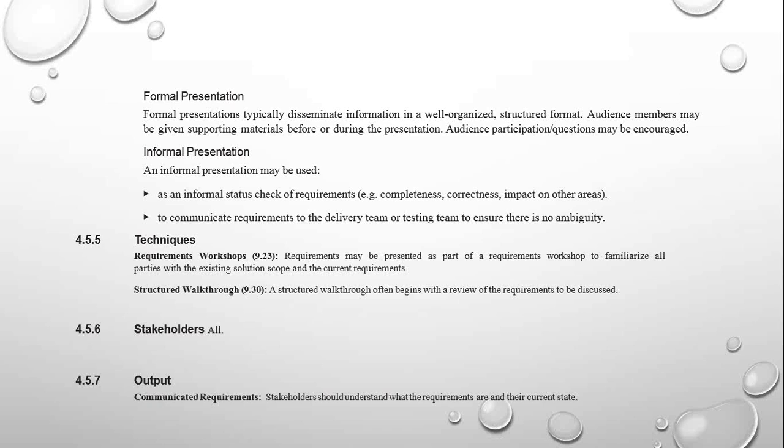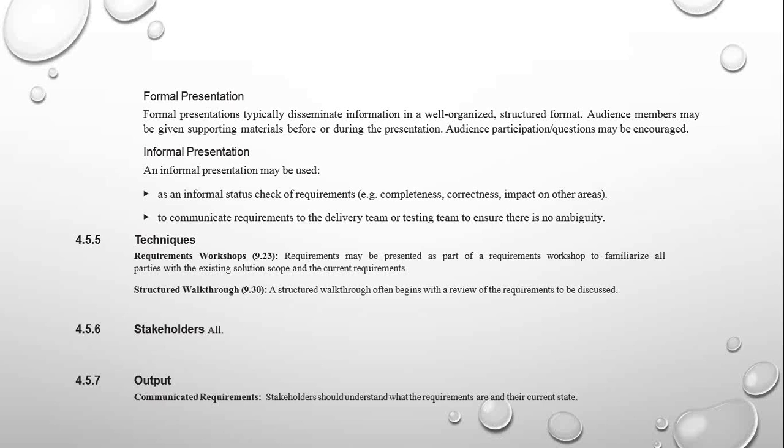Now, when you talk about technique, there are two techniques which we will study in chapter 9: the requirement workshop and the structured walkthrough. Let's first talk about the structured walkthrough. A structured walkthrough is a proper way of reviewing the documentation. So you set up a meeting just for reviewing the documentation and the management plan.